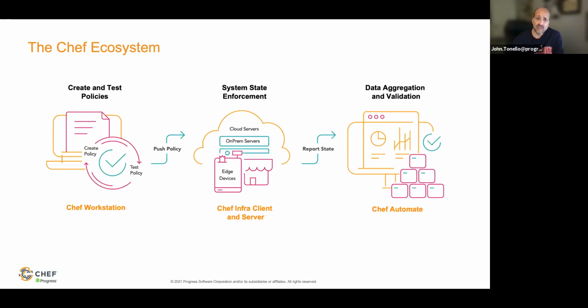They're able to test it locally using Test Kitchen over and over again and make sure it works and does the things that they want it to do. And then they push it to Chef Infra Server, and the Infra Server and the client work together to apply the Chef code. And then the reporting state, which is the data aggregation and validation that you saw in the Automate dashboard. I'll show some live examples of that in a minute.